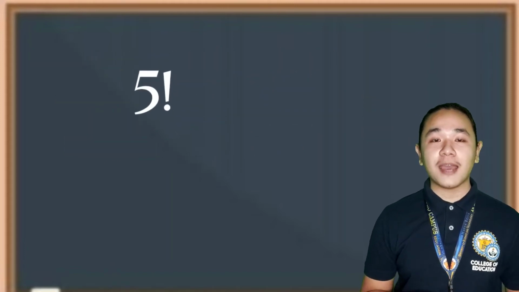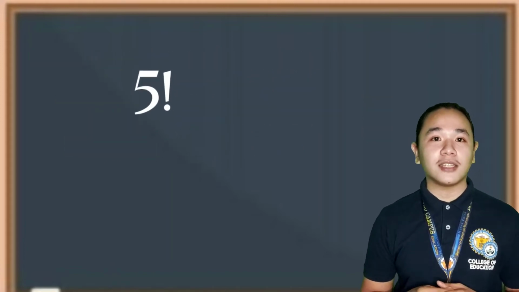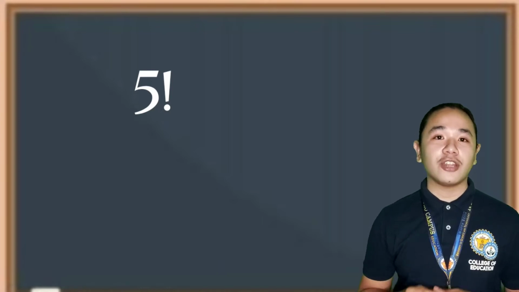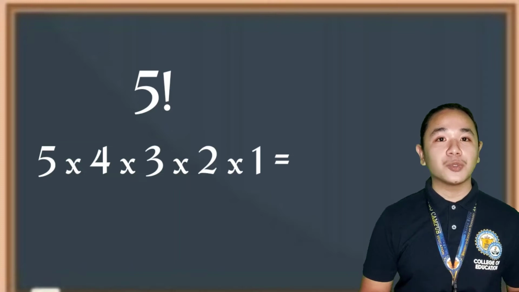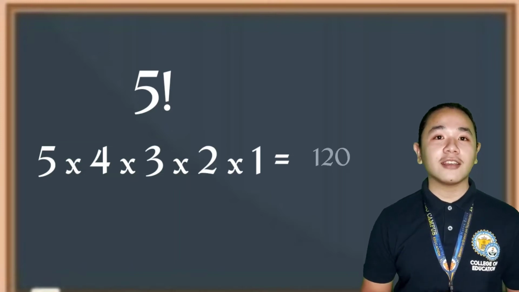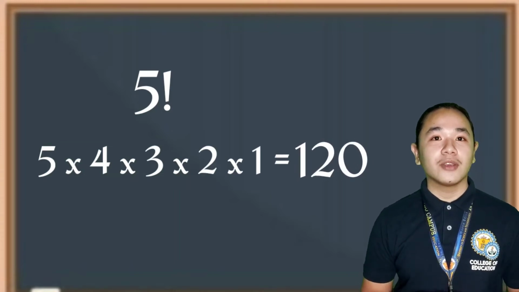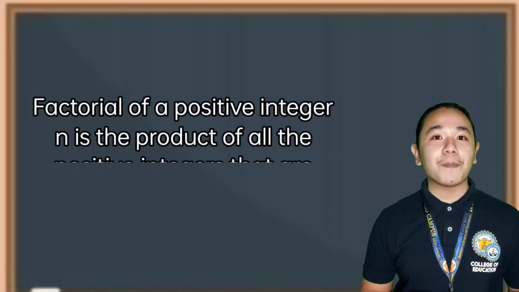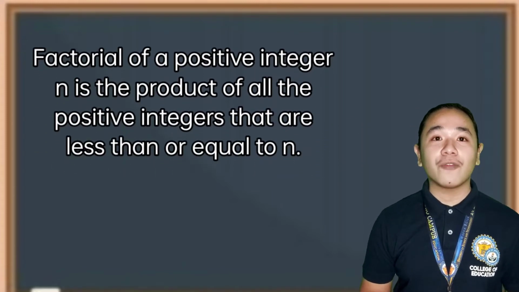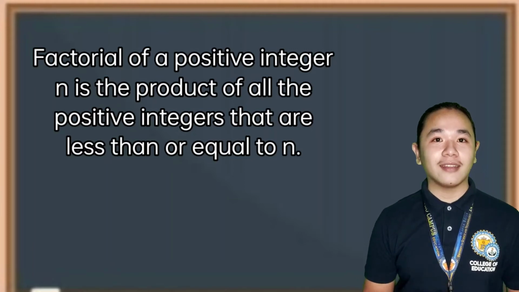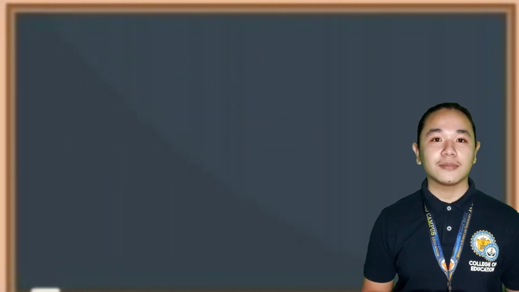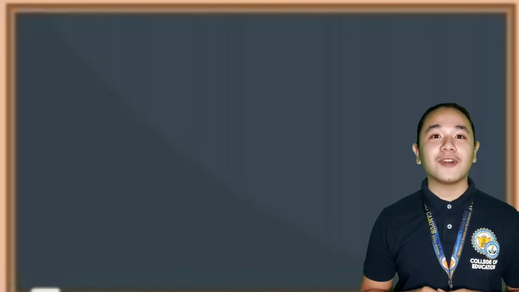The factorial of 5 is the product of all the positive integers that are less than or equal to 5. So it is 5 times 4 times 3 times 2 times 1, and the product is 120. So again, the factorial of a positive integer is the product of all the positive integers that are less than or equal to that particular number n. So now you know what a factorial is.